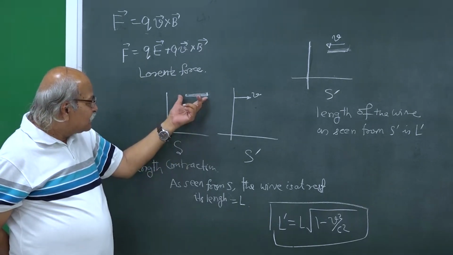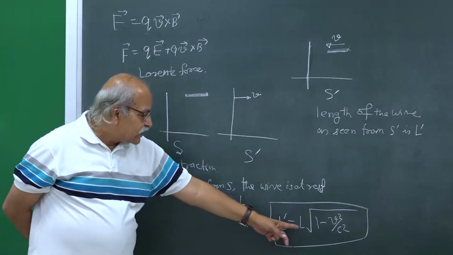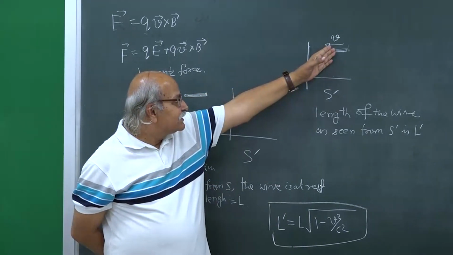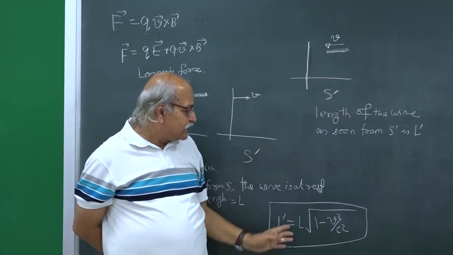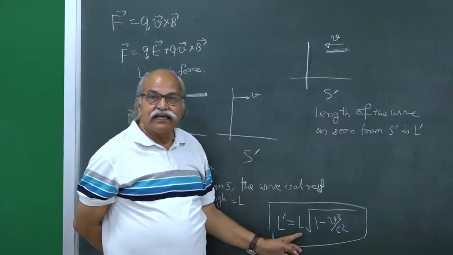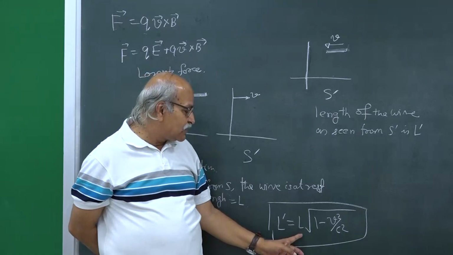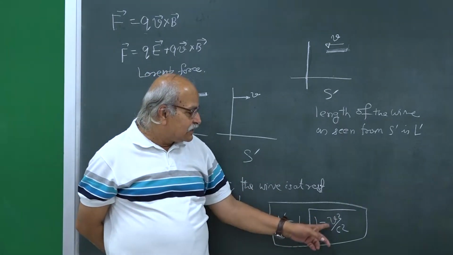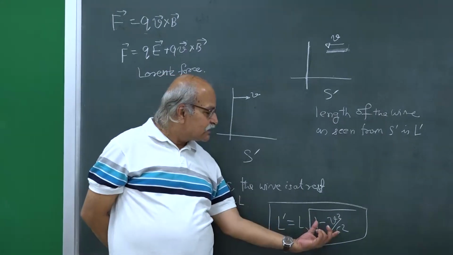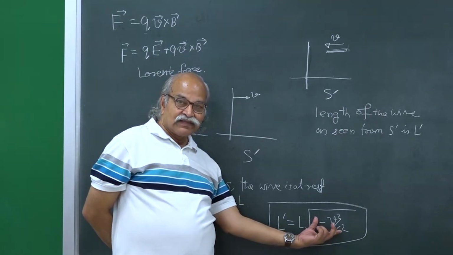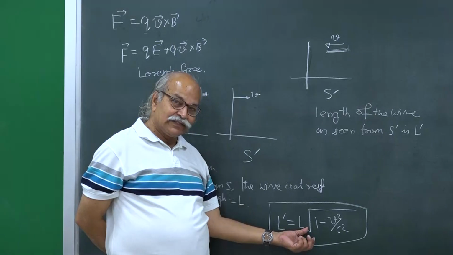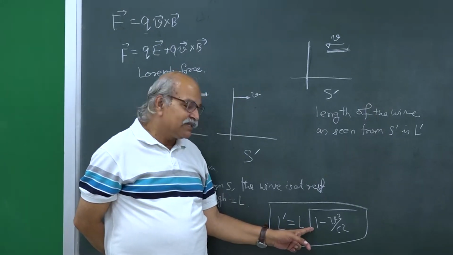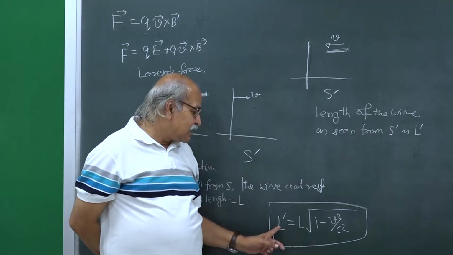In the rest frame, the length is L, and in the other frame in which this wire is moving, it is L prime. Which is larger and which is smaller? See, 1 minus v square by c square is a positive quantity, and this number is less than 1, so the square root of that is also less than 1. So, you multiply this capital L by a quantity which is less than 1, and then you get L prime.